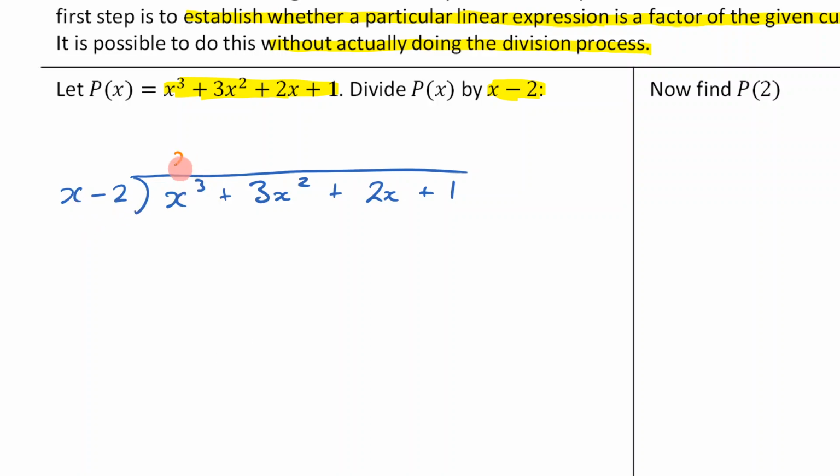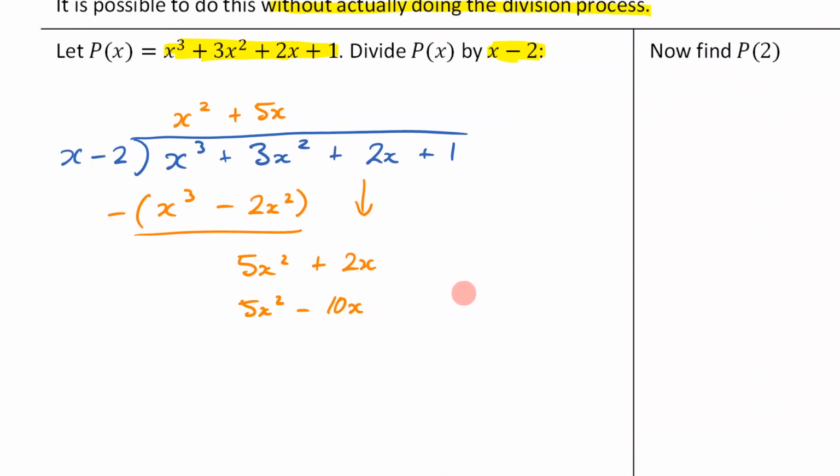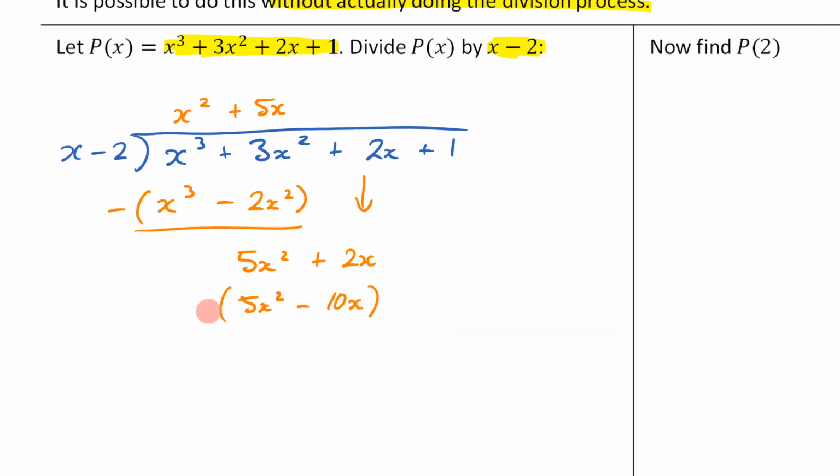So I'm going to go, this is x squared, x cubed minus 2x squared, minus, this will be 5x squared, carry down the 2x. Then I start again. This is going to be 5x. This will be 5x cubed minus 10x, bracket, bracket, minus. This will be 12x, carry down the 1. This will be plus 12.